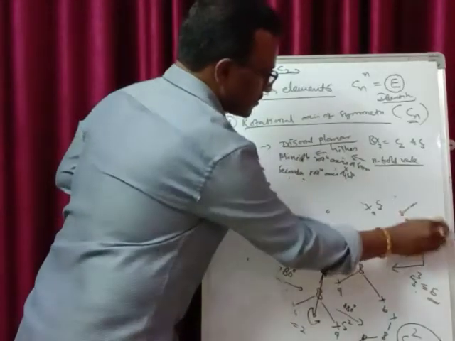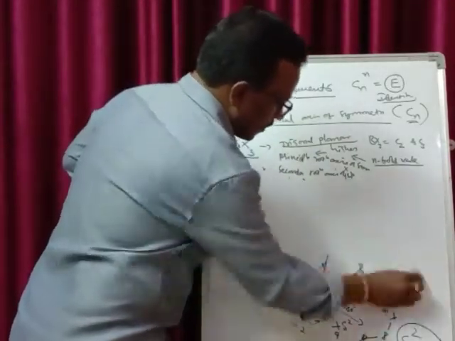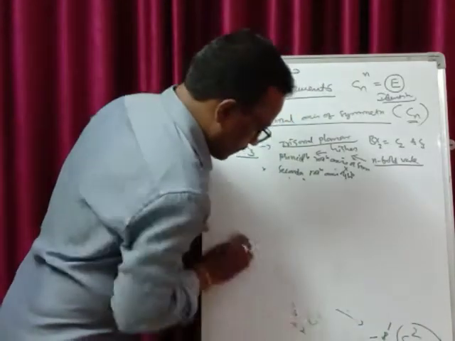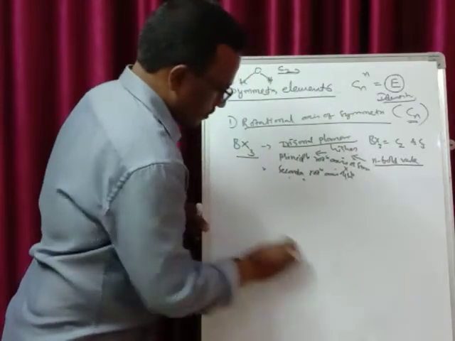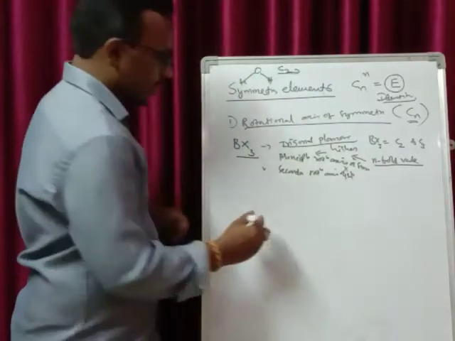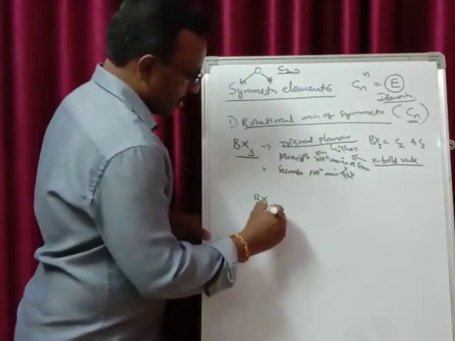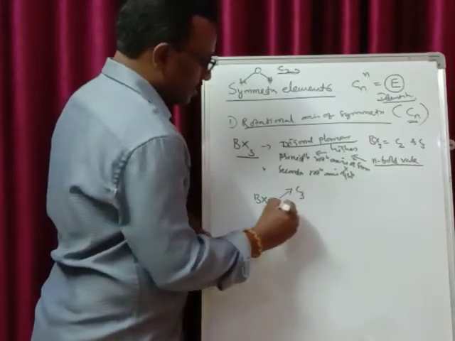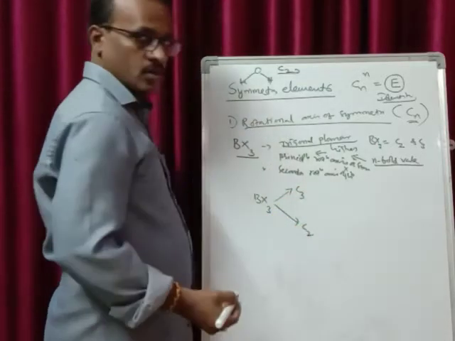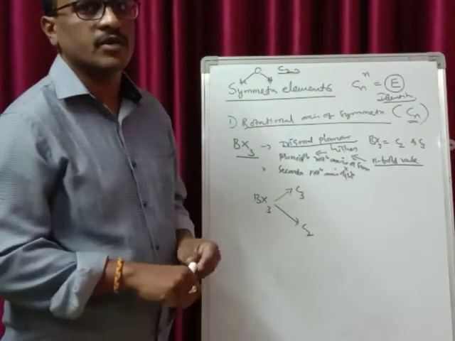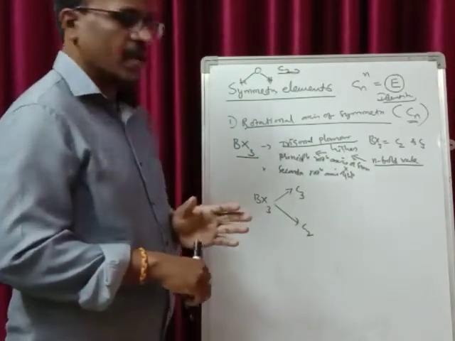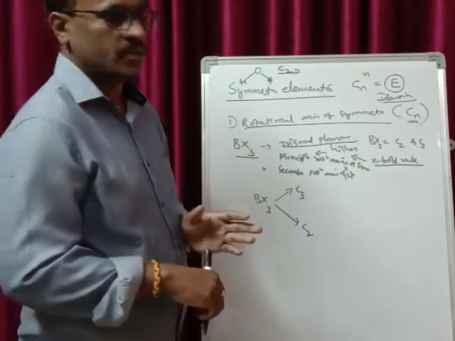Just to elaborate this one. Now if you take the BX3 molecule itself, it has C3 and C2. Here in this molecule there is more than one type of rotational axis of symmetry.